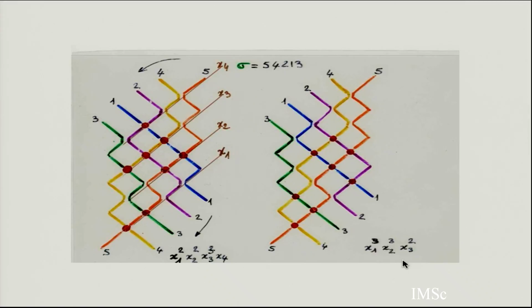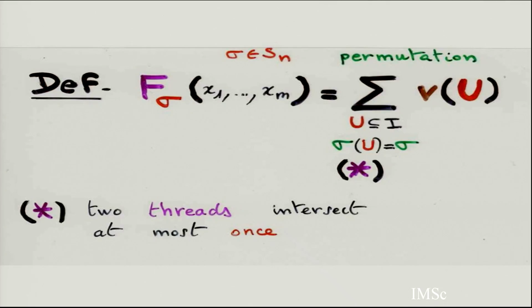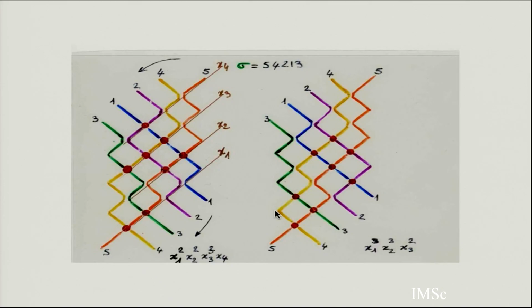So the Stanley symmetric function is to take the sum of all these monomials, but restricted: there is a condition that if you take two threads of the line, the colored lines, they must intersect at most once. Say take the green and the red line, they intersect here, but there is no more intersection.